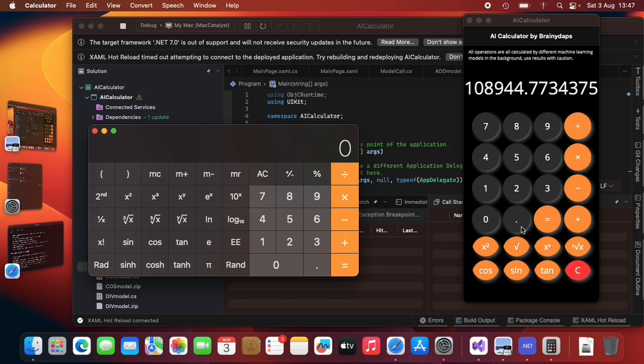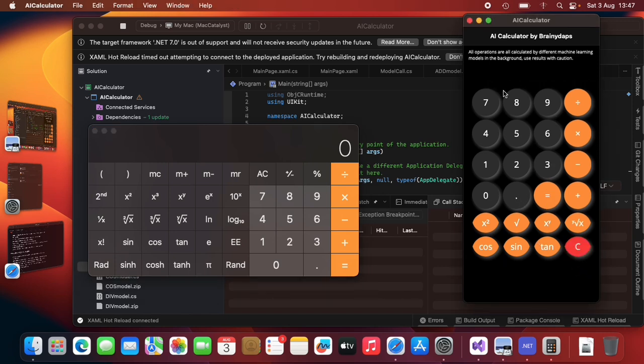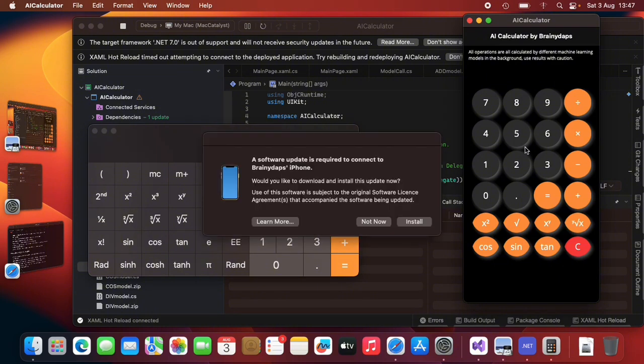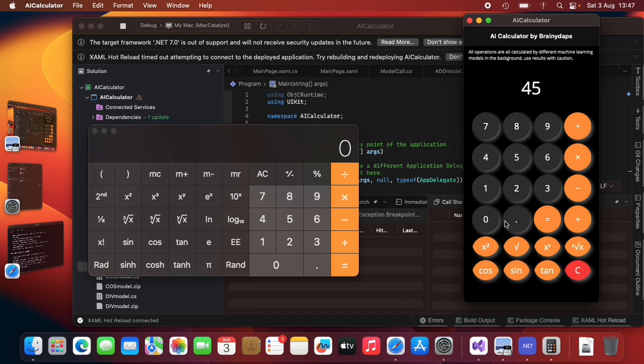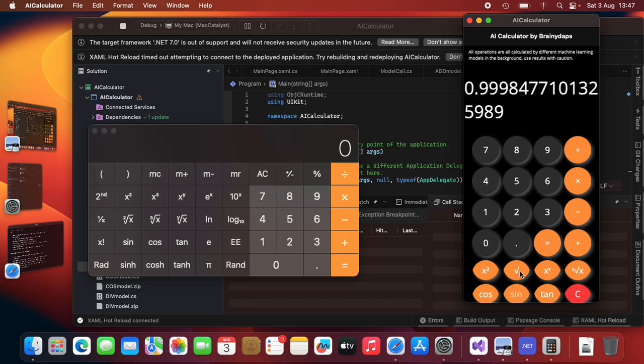Now let's try all our trigonometric functions and see how accurate they are. I'll try some really off values. Now let's try sine 450. That's almost 1. Let's try sine 450 here too. That's 1. So that's very accurate.